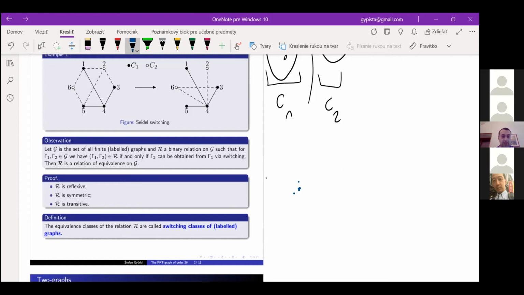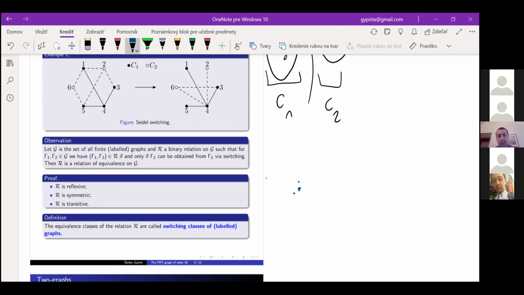This is, I think, the hardest part of this proof, but still it is easy enough, because you have just to think of vertices.